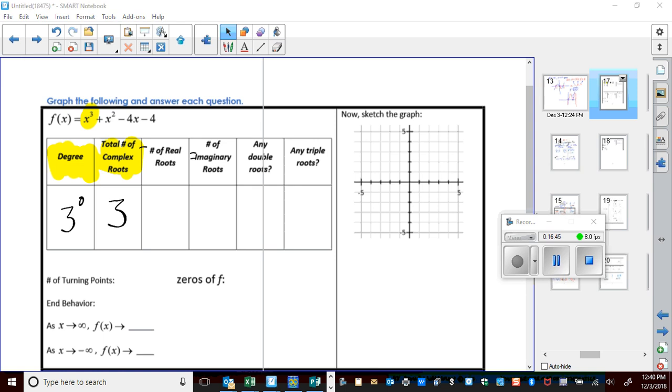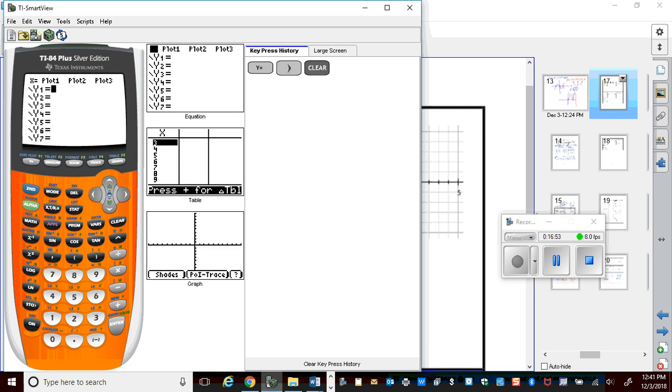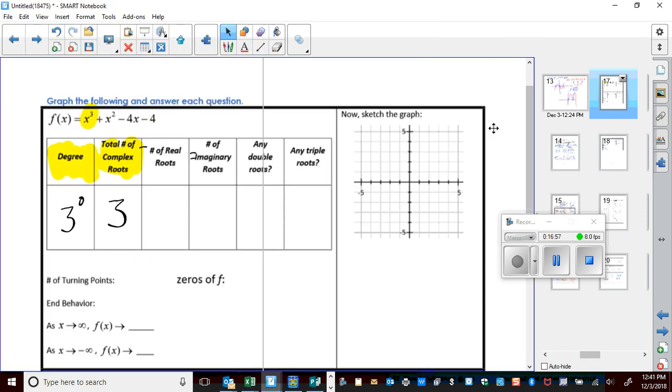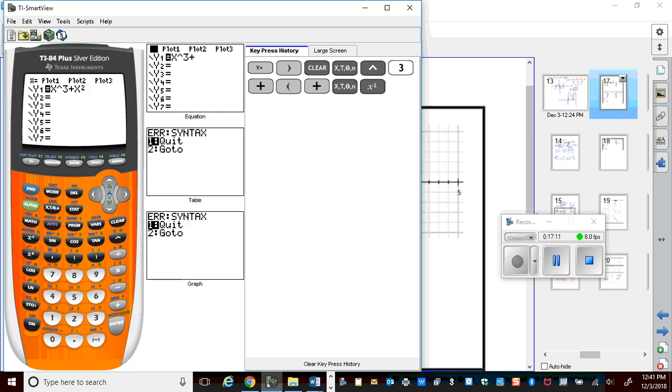So here's mine. I got y equals, and I clear out my equation in there, right? Let's look at this equation one more time: x cubed plus x squared minus 4x minus 4.